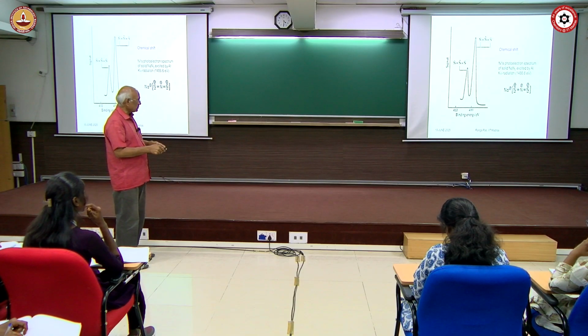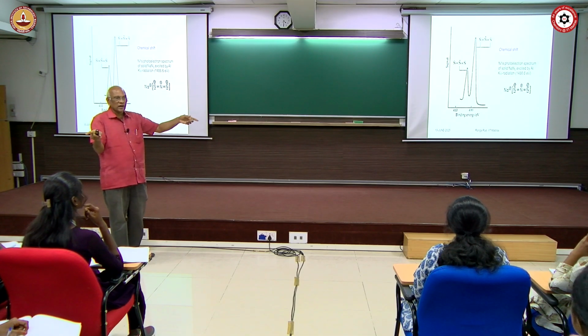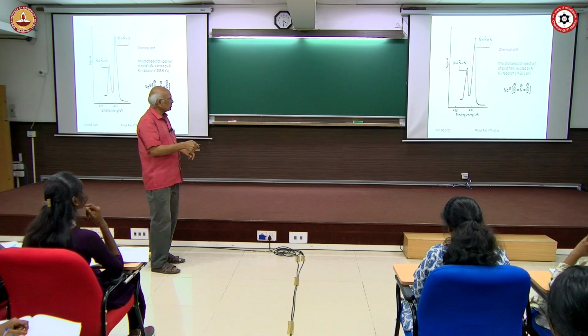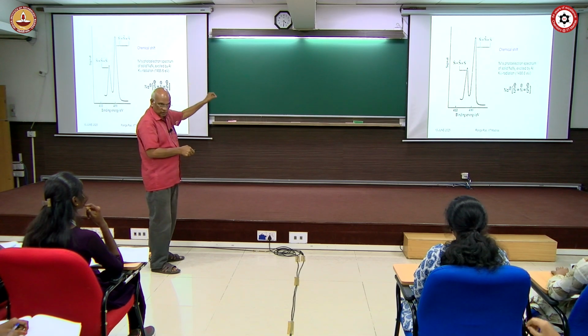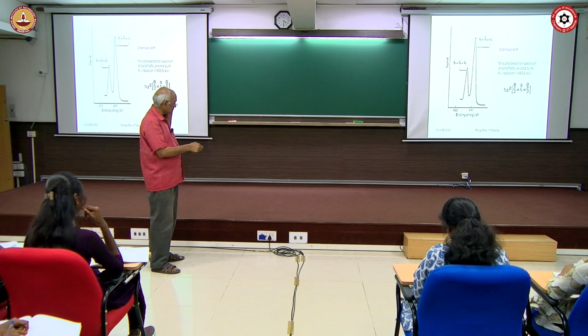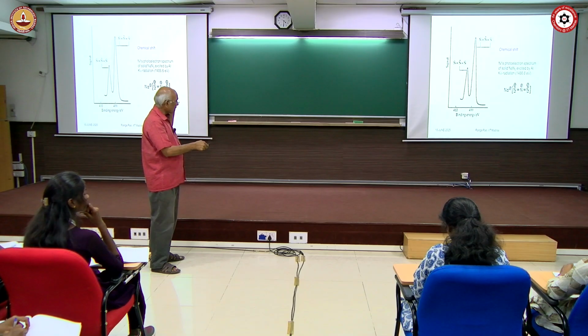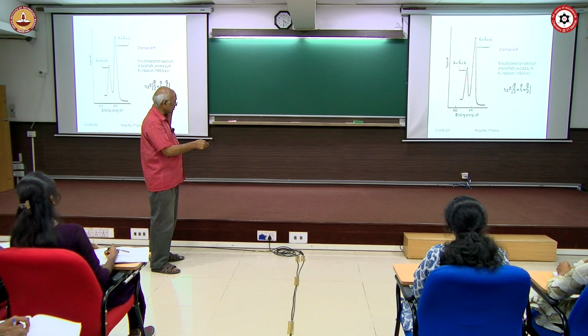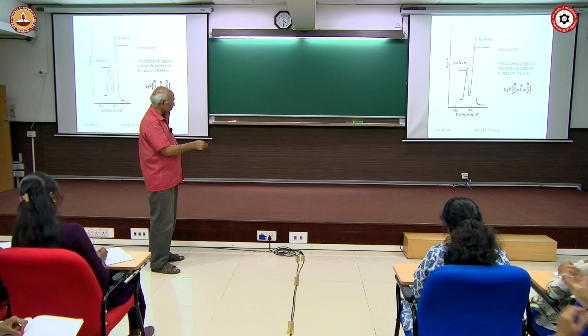So it immediately tells you that one is at higher binding energy and one is at lower binding energy. Higher binding energy means there are two nitrogens with different charges. The higher binding energy nitrogen should have positive charge, and the lower binding energy should have negative charge, and its intensity is twice, so there must be two nitrogens with negative charges and one nitrogen with one positive charge.